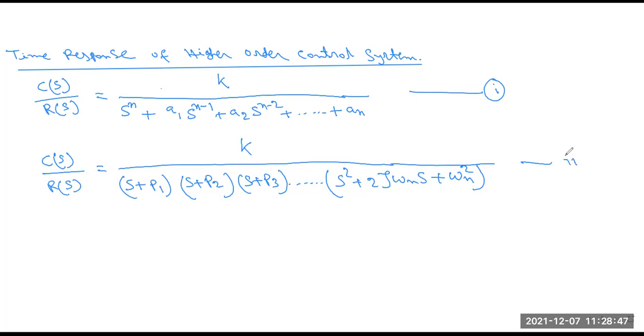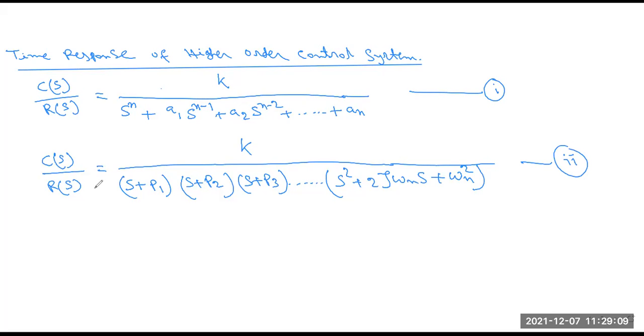Okay, this is equation number 2. This is clear, all of you? So we have to write these higher order control system expressions in the pole zero format. This is p1, p2, p3, these are the different types of poles.